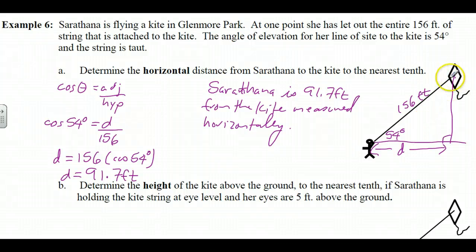Okay, she's 156 feet from the kite in a straight line distance to the kite.